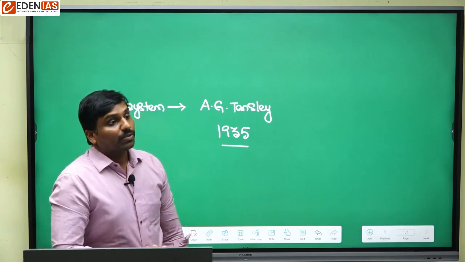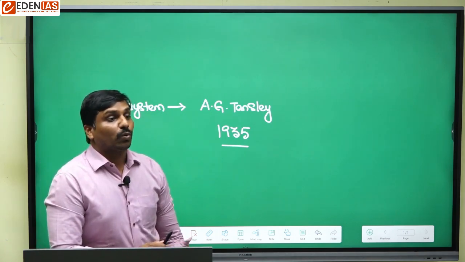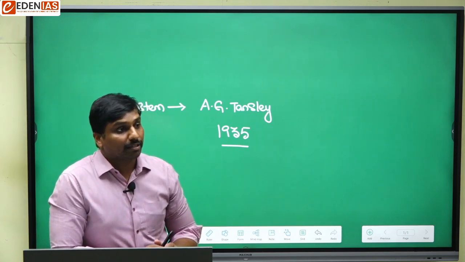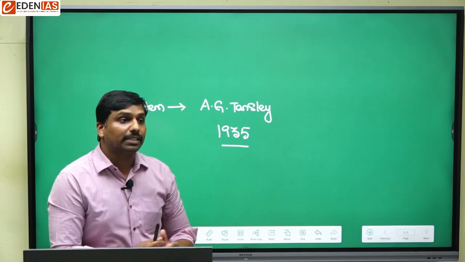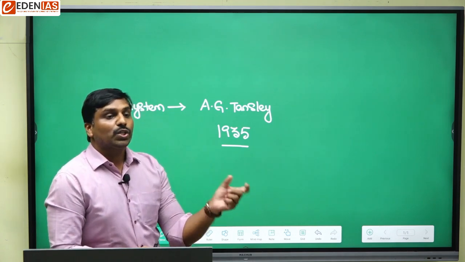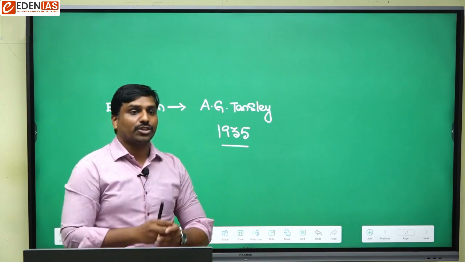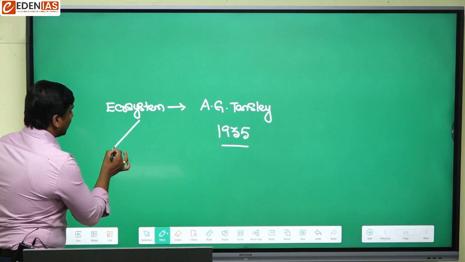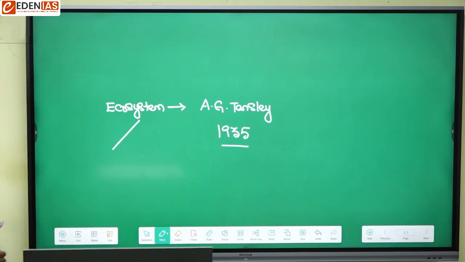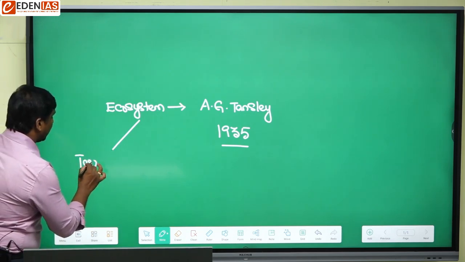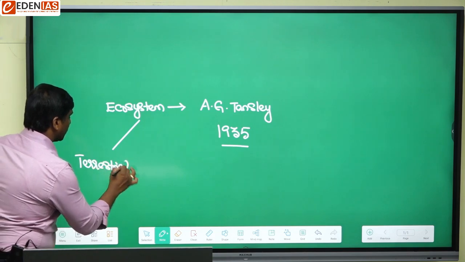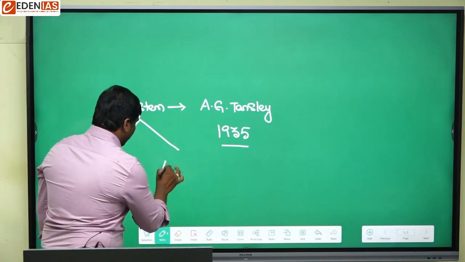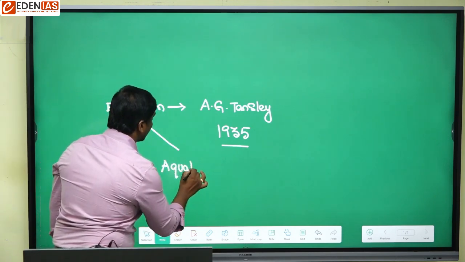Ecosystems can be of different types. We can say a forest is an ecosystem, a desert is an ecosystem, a pond is an ecosystem, a lake is an ecosystem. Based on the nature, we can have different types of ecosystems. If it is land based, we call it terrestrial ecosystems. If it is water based, we call it aquatic ecosystems.